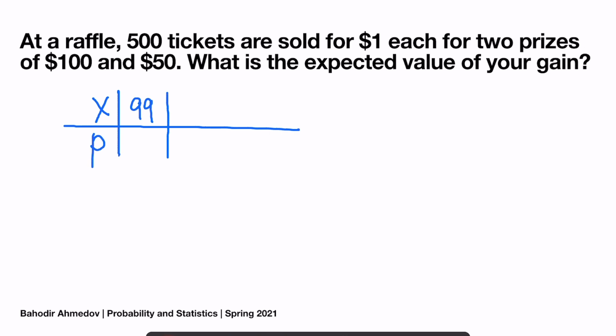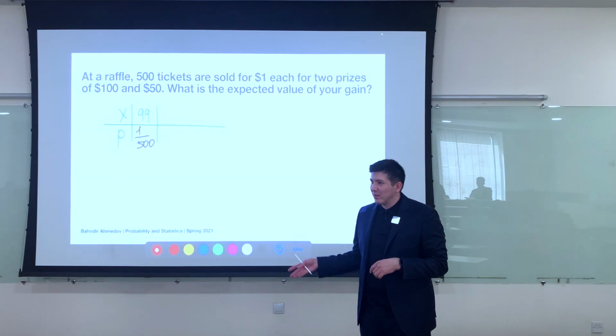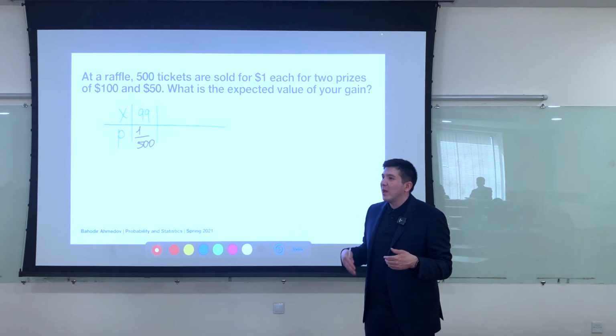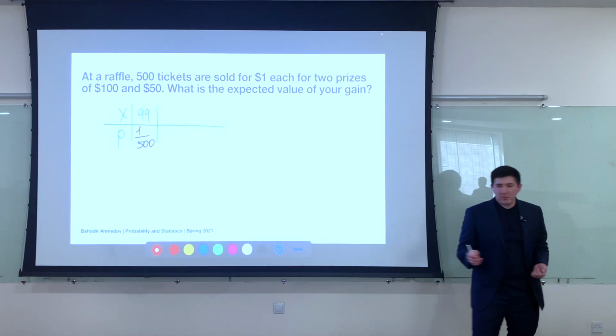So the probability of having profit $99 is 1 over 500. Do you understand what's going on? You buy one ticket, you pay me $1, and then you win $100. Your profit is $99. And the probability of having this $99 is 1 over 500 because there are 500 tickets and you should get one of them, right?